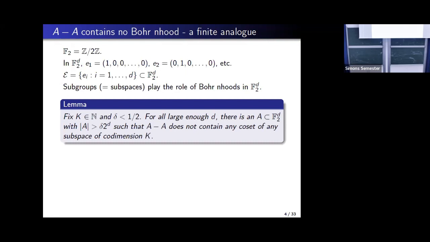And so the finite analog of Kries's example is: if you fix K and delta less than 1/2, then for every sufficiently large D, there is a subset A in F2 to the D of density delta such that A minus A does not contain any coset of any subspace of codimension K.